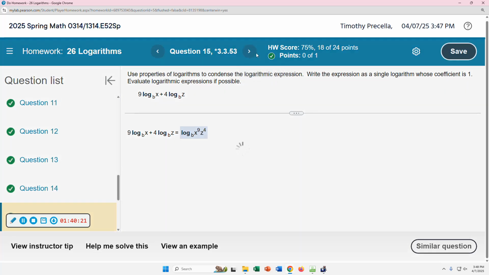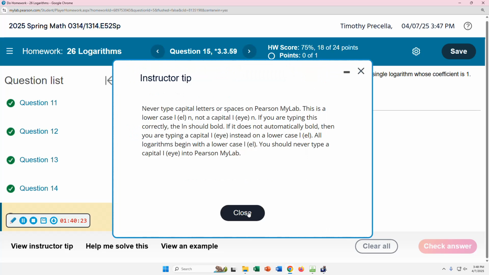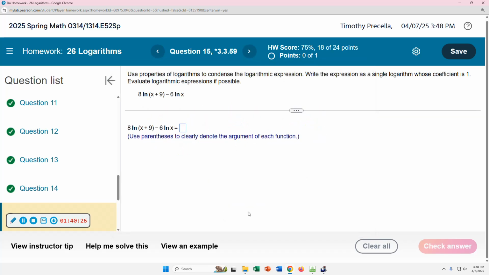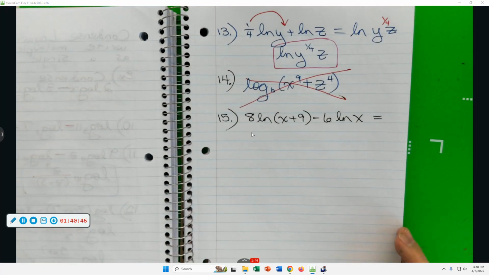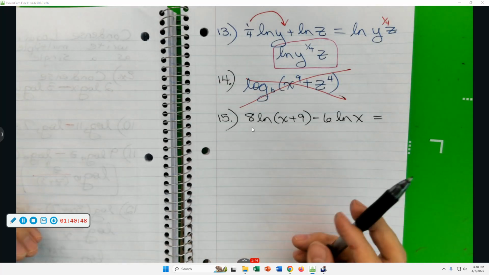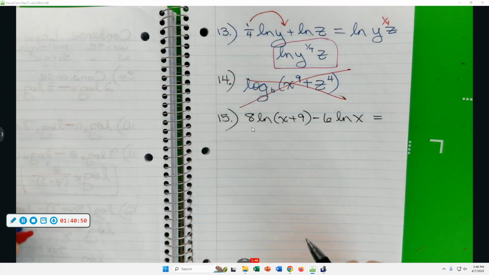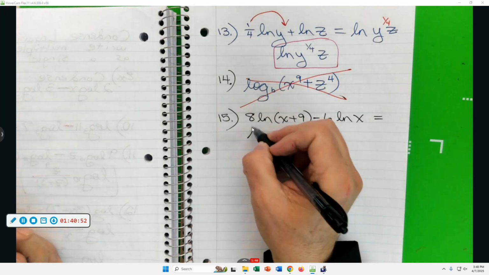Okay, number 15. 8 ln x plus 9 in parentheses minus 6 ln x. I'll write my ln.